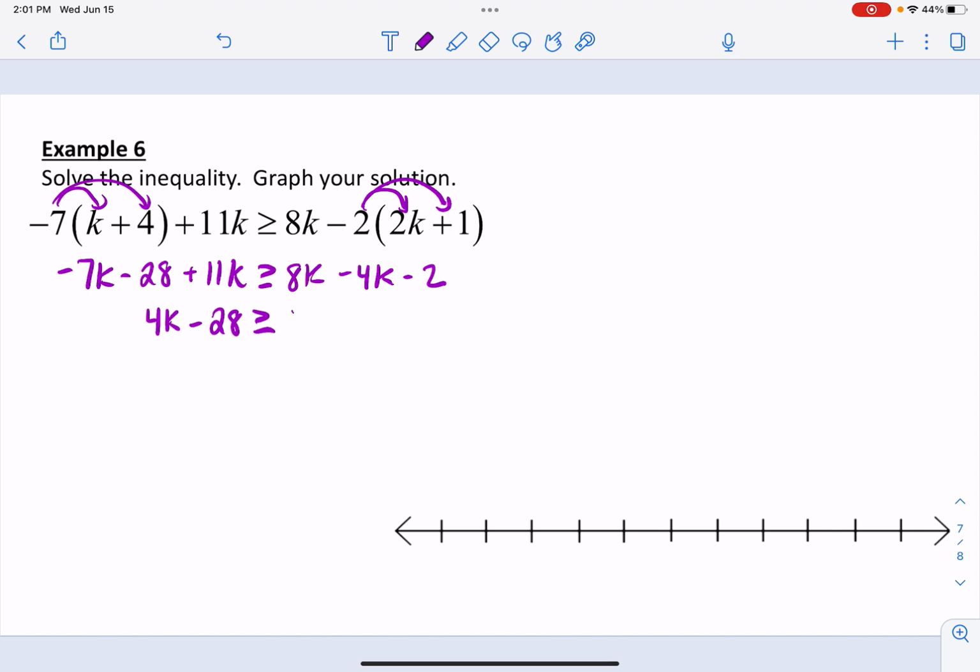On the right side, I have 4k minus 2. I'm going to subtract a 4k from both sides. Let me make that look a little bit better. So I'm going to get my variables together. So 4k's cancel. Oh no, they cancel.